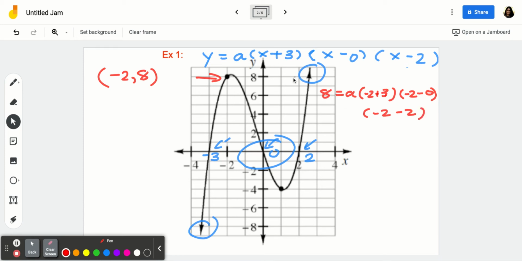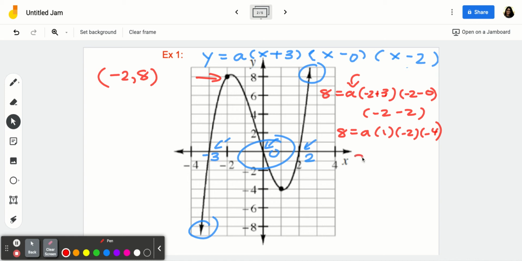Okay, so I filled in my x's and my y's, and all that's left is this A. So let's keep solving. 8 equals A, -2 plus 3 is 1, -2 minus 0 is -2. This would make -4.